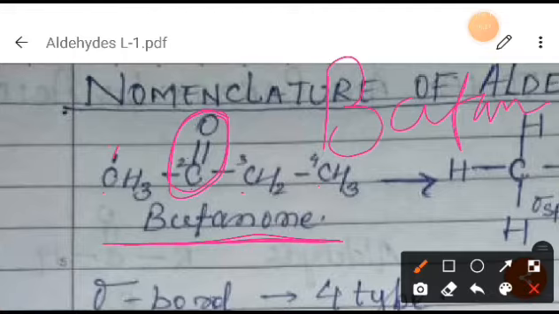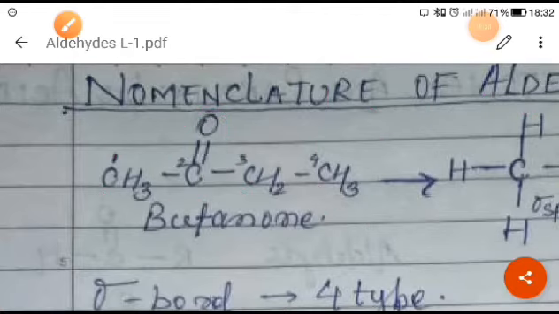We will write butanone, not butan-2-one, because in this compound they are not talking about positional isomers. So we will not write the 2, we will write only butanone.